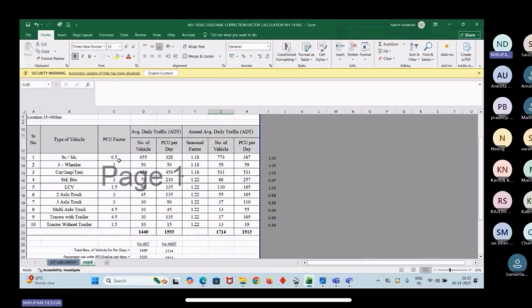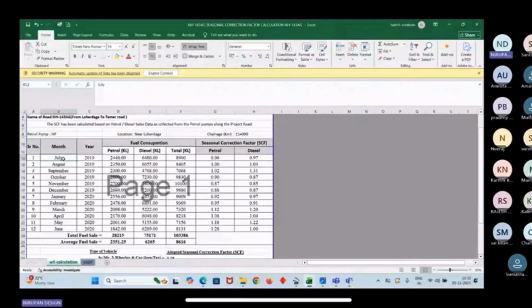Just see, for the particular months July and August, this data has been taken for NH 143 AG, Lohardaga to Tamar, a 150-kilometer stretch. July, August, September, month-wise, I have collected fuel sales data for petrol and diesel separately, for 12 months.